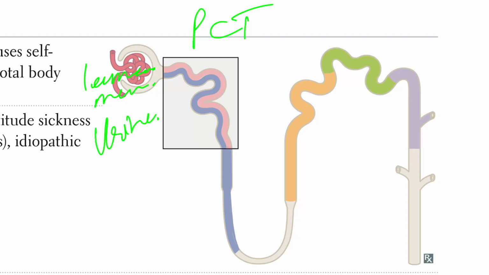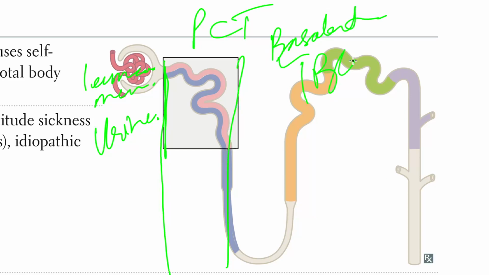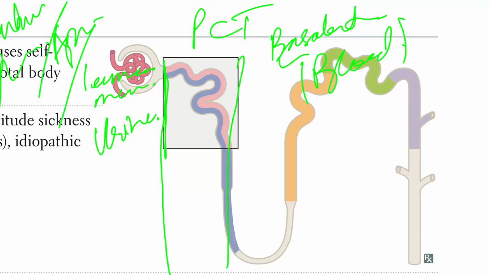These are the cells, and then you have this one, which is the basolateral membrane, meaning blood. Luminal membrane can also be mentioned as apical membrane or tubular fluid. Basolateral can also be mentioned as interstitial or interstitium, which is basically blood.